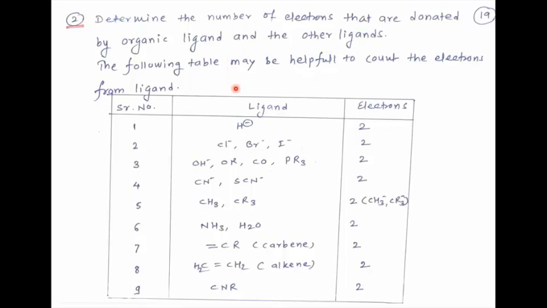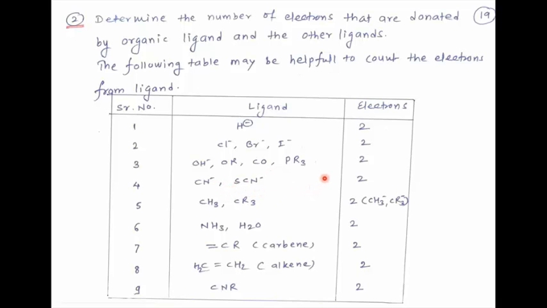In this table, some ligands are shown, and how many electrons they donate to the central metal atom is also mentioned. So see: hydride ion, chloride ion, bromide ion, iodide ion, hydroxyl ion, OR group, carbonyl group, PR3 group, cyanide, thiocyanate.